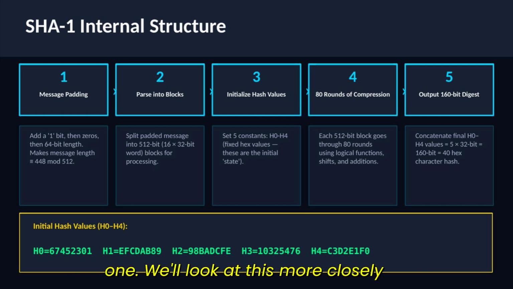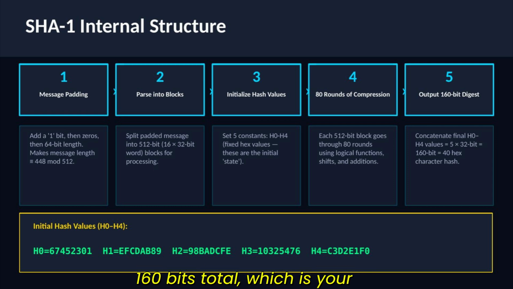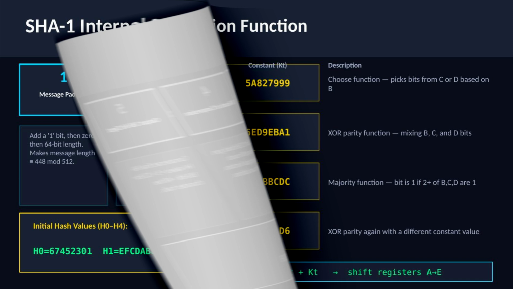This is the heart of SHA-1. We'll look at this more closely in the next slide. Step 5. Output the 160-bit digest. After all blocks are processed, the final values of H0 through H4 are concatenated together. 5 32-bit values gives us 160 bits total, which is your final SHA-1 hash.